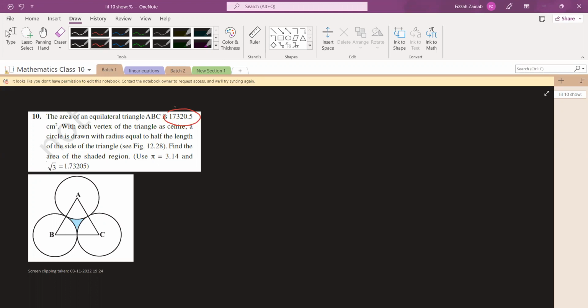So that means if the side of the triangle is A, this radius is A by 2. Is that clear? Every radius is A by 2. With each vertex, all right. Find the area of the shaded region. Who will tell me what you will do here in this question?